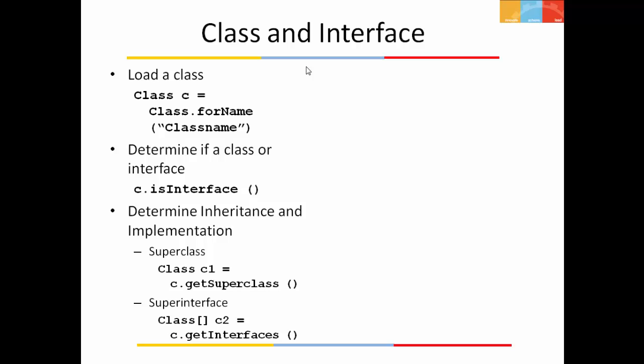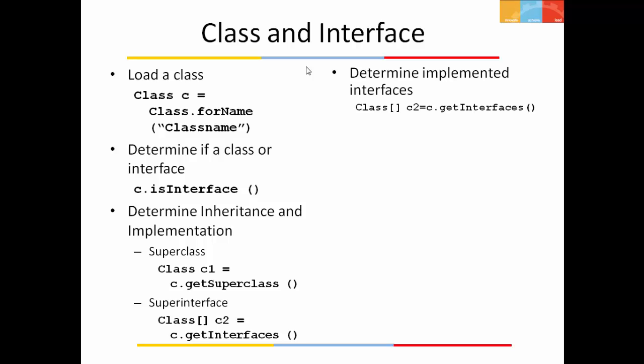It can also get different types of interfaces. For example, it can return C.getInterfaces. Remember that in Java only single inheritance is allowed, but it can actually support multiple interfaces. So Class array C2 equal to C.getInterfaces would return a set of interfaces that this particular class C implements.